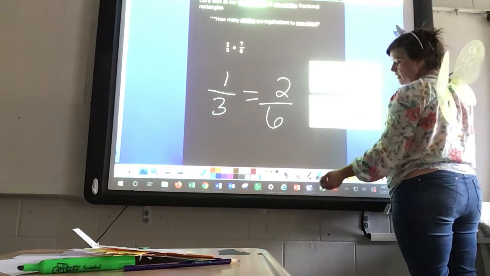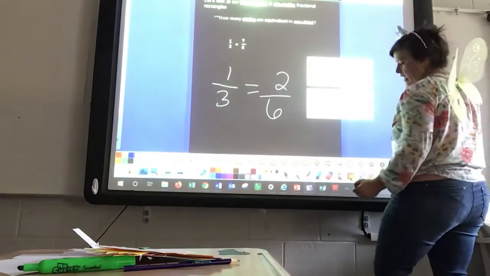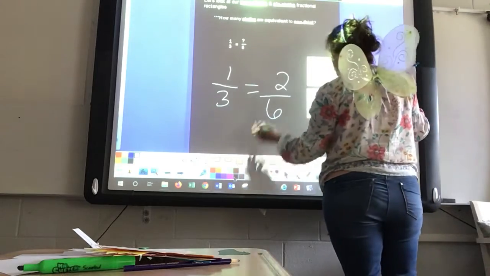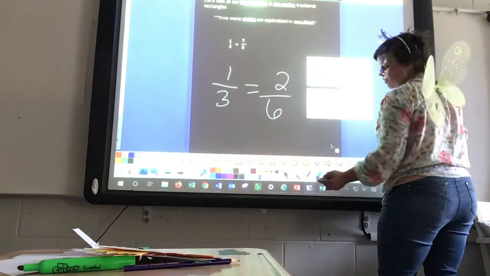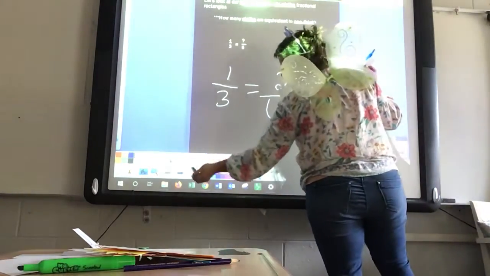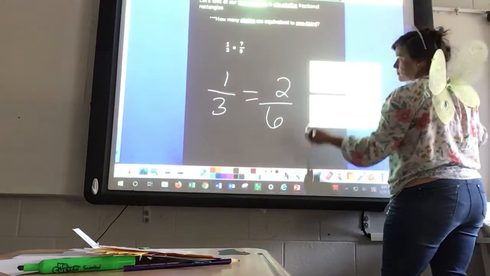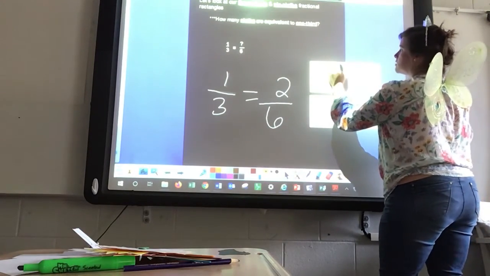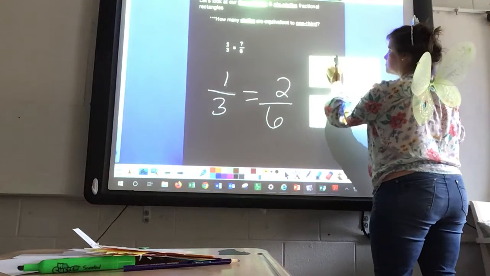Now if I divide them equally for my thirds, remember this is going to be an approximation because it's kind of hard to do thirds.